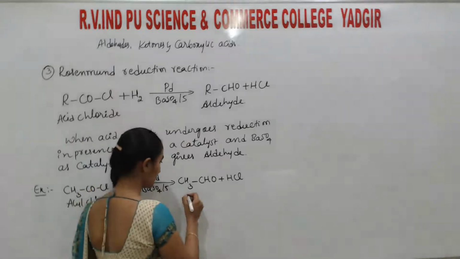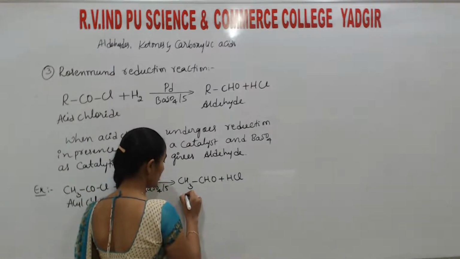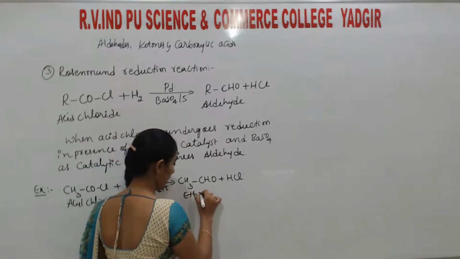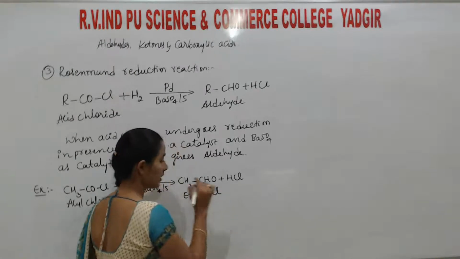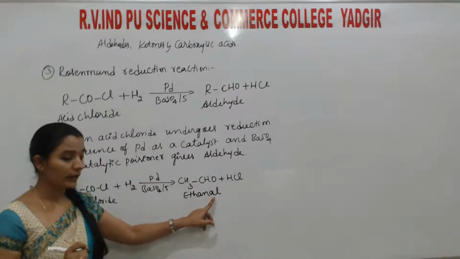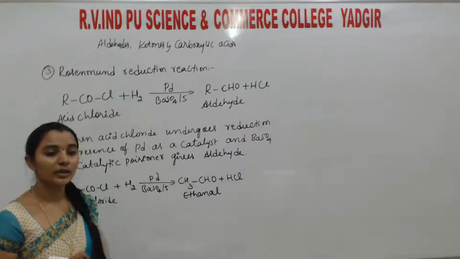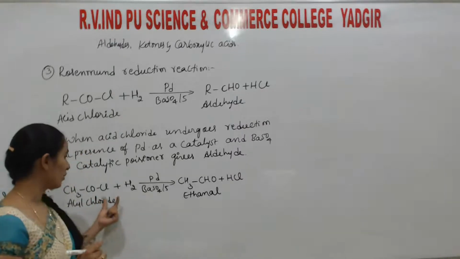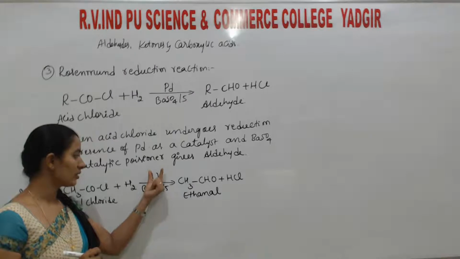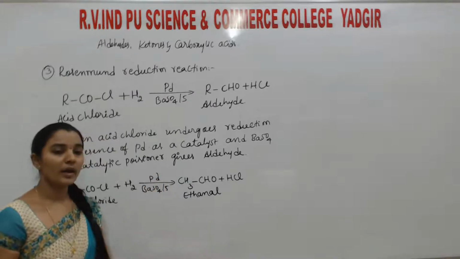Okay, next. This one is ethanal. AL I am writing. AL represents what? Aldehyde. So this acyl chloride, when it undergoes reduction in presence of these two, they form ethanal.